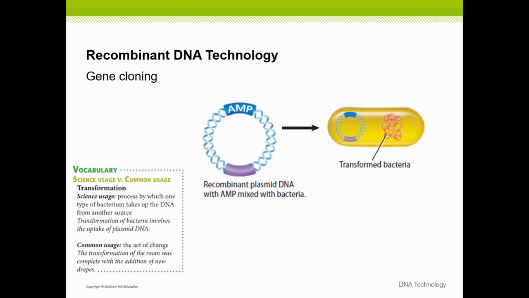To clone the DNA, we have our plasmid, and also part of the recombinant plasmid, so part of the recombined, that's kind of what recombinant means. It means recombined. Part of that plasmid is going to make a protein that is resistant to the antibiotic ampicillin.